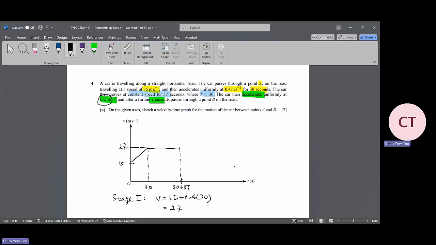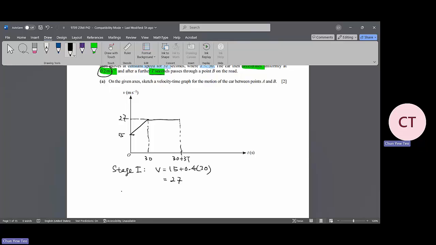Stage 3 is decelerate at 0.2. For stage 3 over here, your v will be equal to u plus the deceleration times t. Okay, so you will be reaching over here 30 plus 3t plus t. Then this answer will be 27 minus 0.2t. But they mentioned over here the t is less than 30.